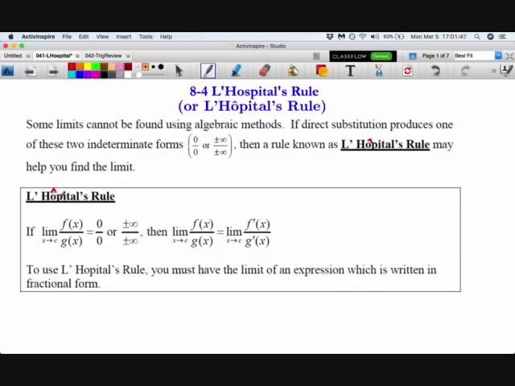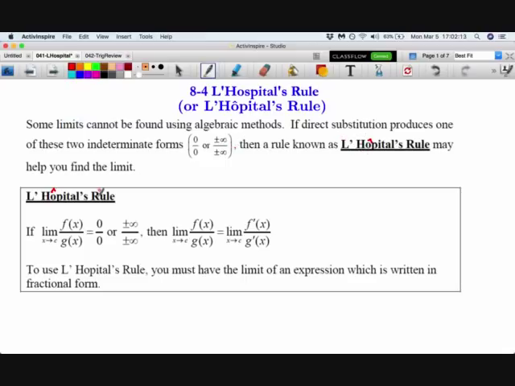So, L'Hôpital's rule is a rule for finding some limits that can't be found using algebraic methods. This will become the preferred way of finding any limit if you have to. If direct substitution produces one of the two indeterminate forms, meaning we get 0 over 0 or infinity over infinity, positive or negative, then we will use L'Hôpital's rule.